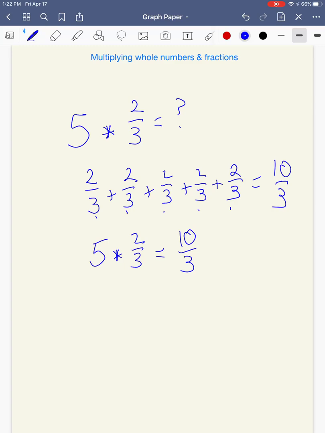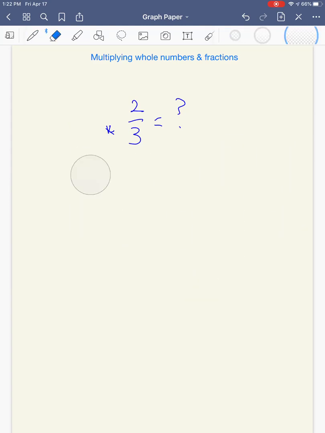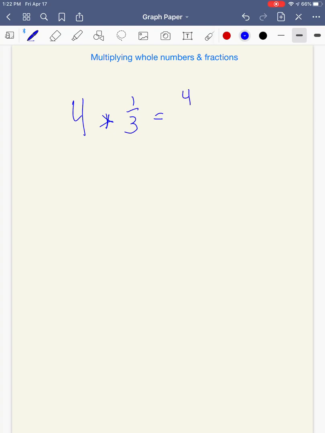Did you maybe have an idea of what the answer was before we even got there? If so, that's fantastic. So let's look at our 3 examples here, all on the same sheet, and we'll see if we can maybe draw a conclusion. The first one was 4 times a third, 4 groups of a third, and we ended up with 4 thirds.